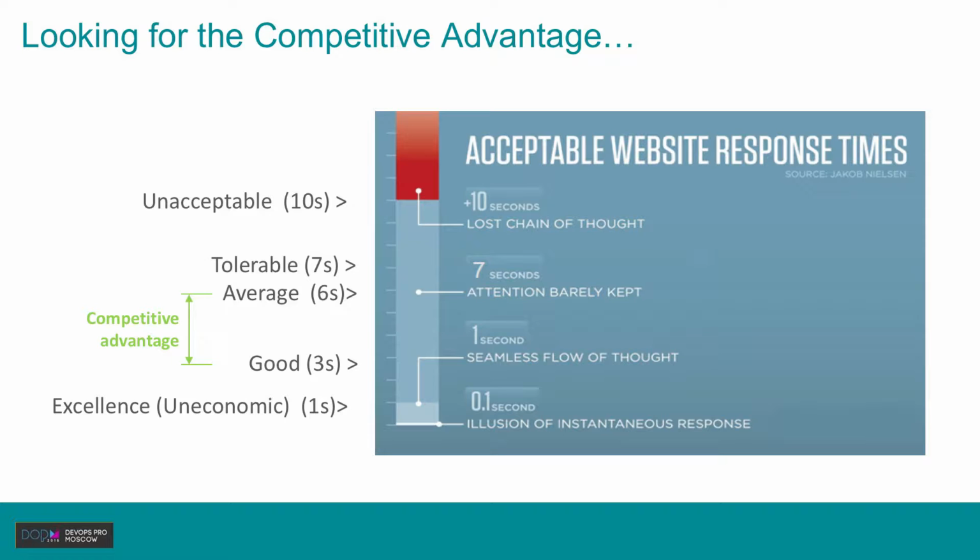So this 3 to 6 seconds seems to be the place to get. Down here, it'd be good to get here, but it's pretty hard. And sometimes you have to do an awful lot of work just to get a very small increase in performance. And you have to say sometimes, is the time worth it? This is where performance testing and DevOps can give us a little bit of assistance.